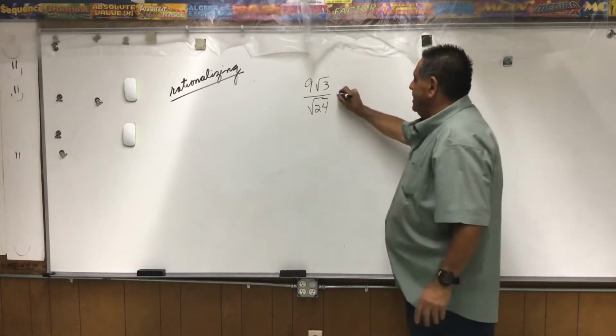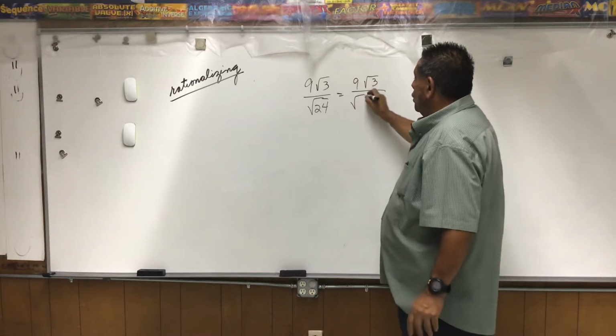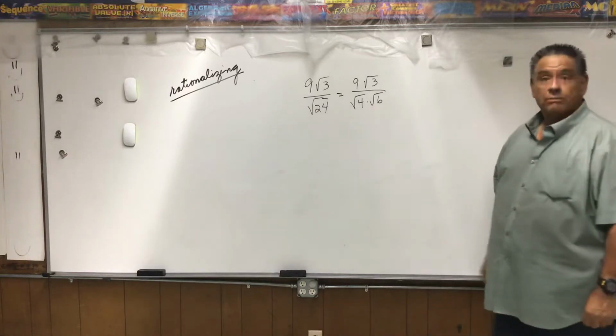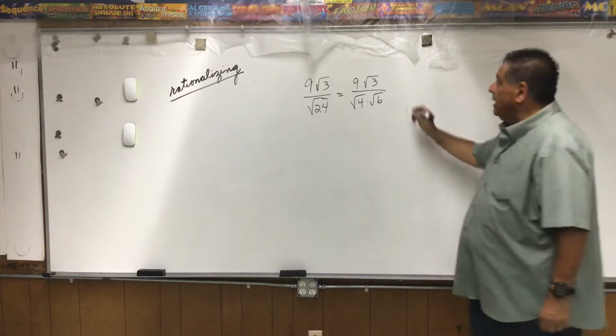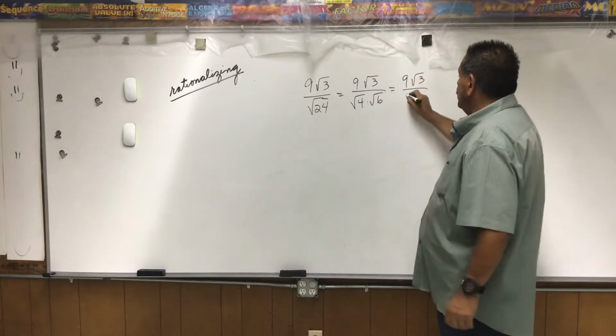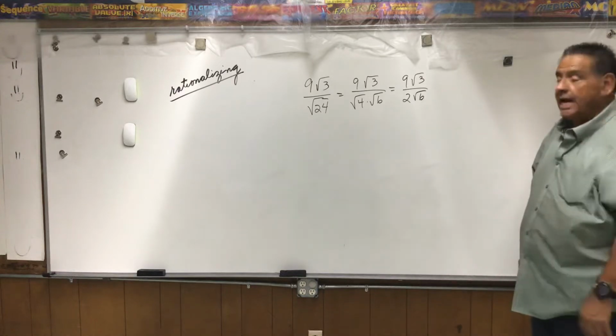So let's rename that. We can say 9 times the square root of 3 over radical 4 times radical 6. Perfect square. Okay, so now I can say 9 radical 3 over 2 radical 6. Okay, I can work with that.